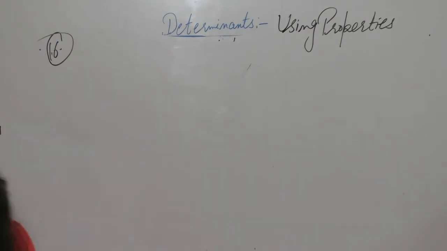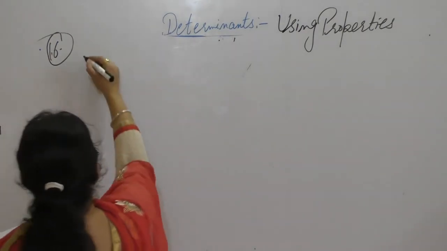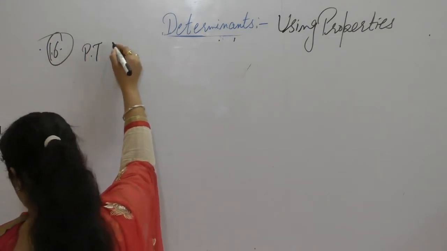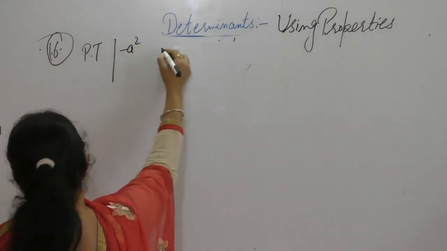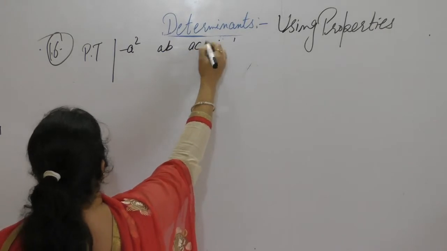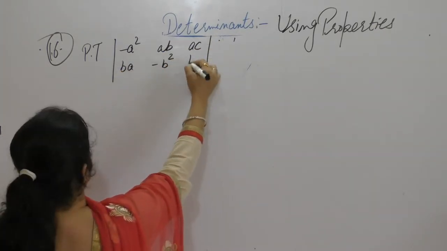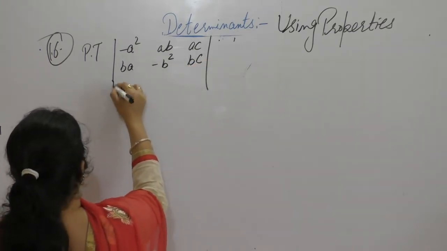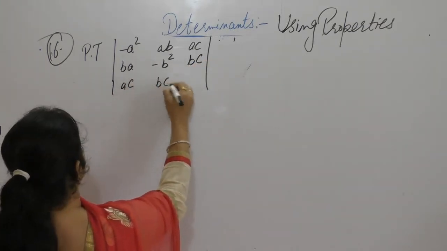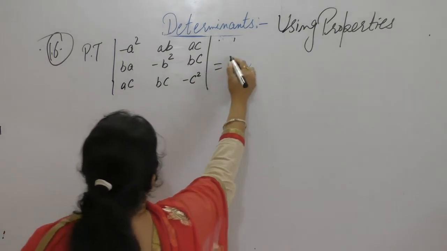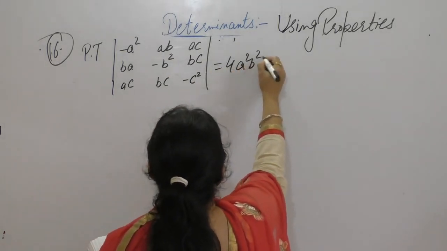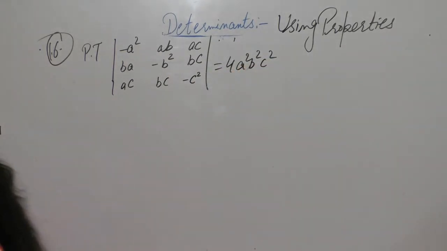Prove that the determinant with rows (minus a square, ab, ac), (ba, minus b square, bc), (ac, bc, minus c square) is equal to 4a square b square c square.